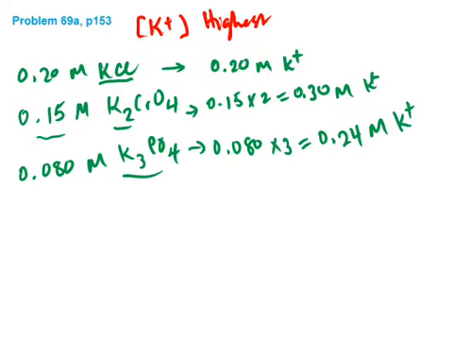So they're asking in which case you have the highest concentration of K plus. So the answer is this one, 0.15 K2CrO4. Make sure you understand that. You'll always have to find out how many K pluses are coming out from each molecule.